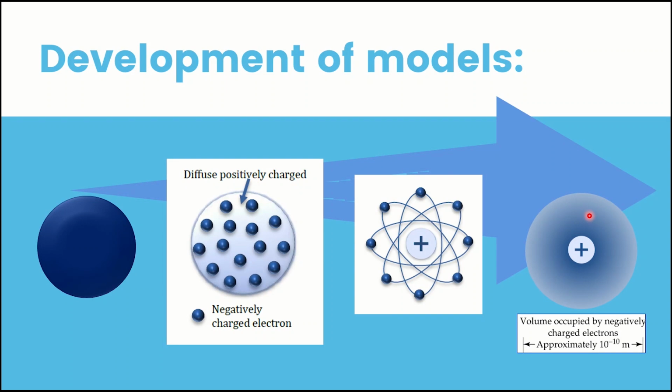Nowadays, we believe that the atom should look like this, where we still have the center positively charged nucleus, but we will not put electrons as where exactly they are anymore. We look at the area of electron as electron cloud, and the possibility to find electron are different from the center of the atom further away from the nucleus.